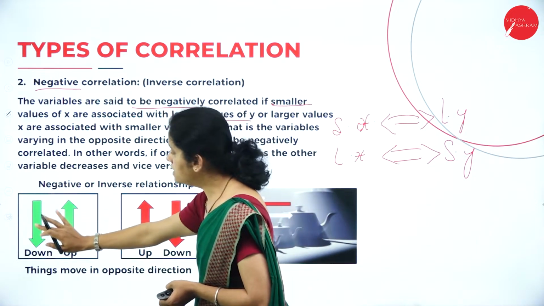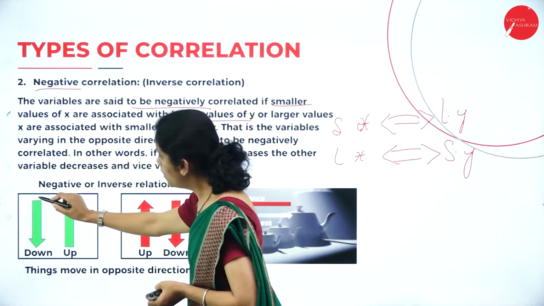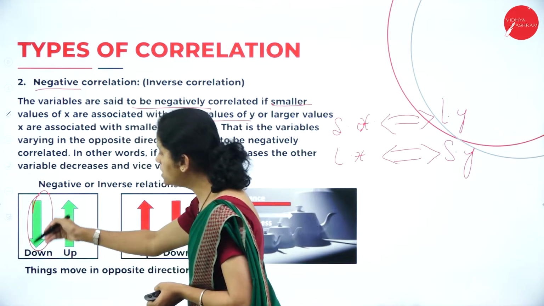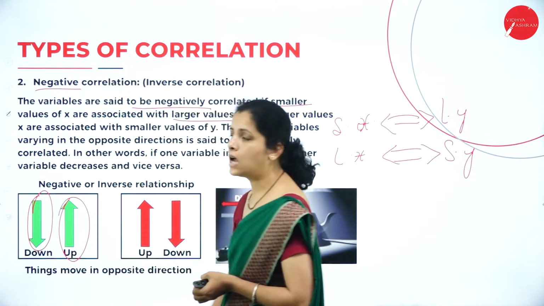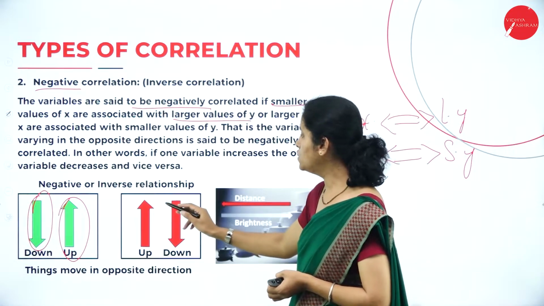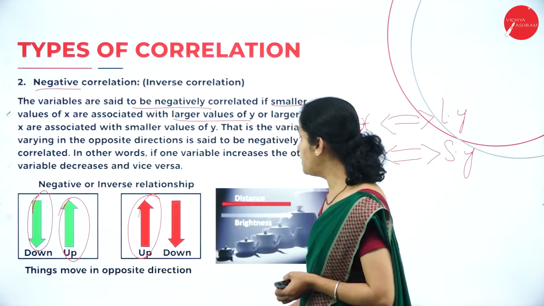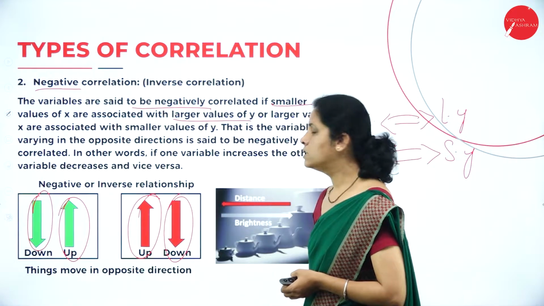In this diagram, see here, one arrow is towards down and one is towards up. Here also one is towards up and one is towards down.